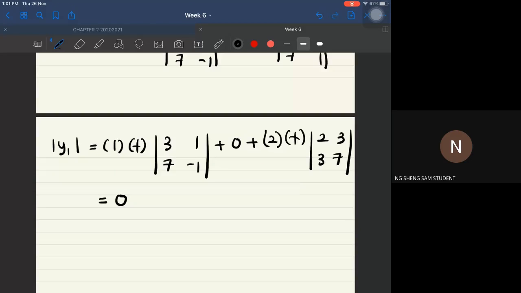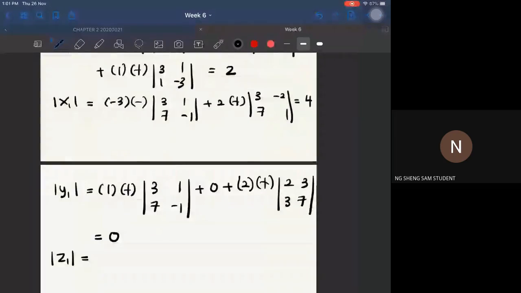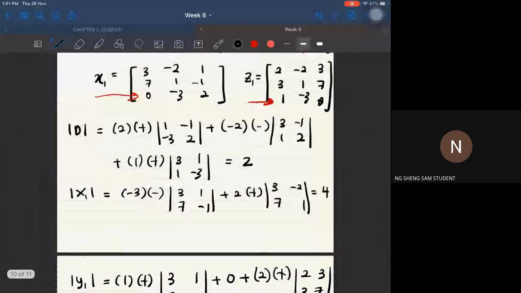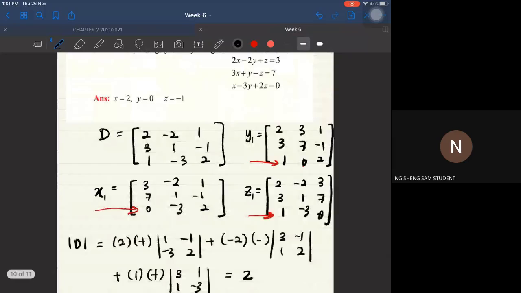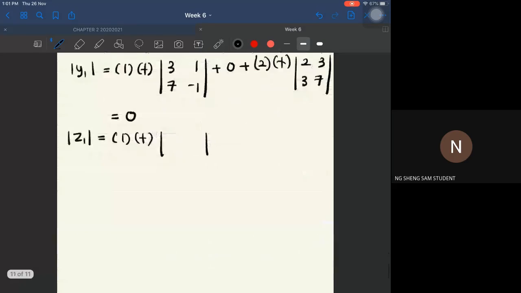And the last one for Z1 here, I'm using the third row again. So 1 and negative 3. So I will have 1, the symbol is plus. So what will be inside here? So cancel row 3, column 1, negative 2, 3, 1, 7.